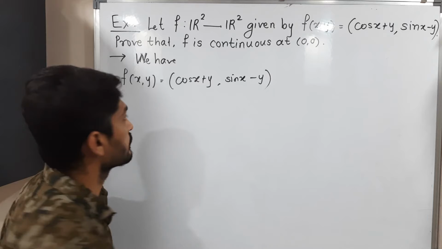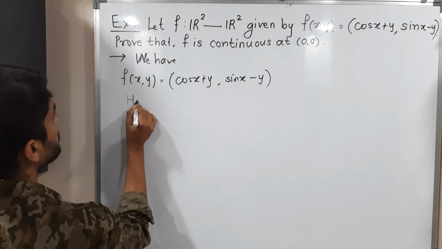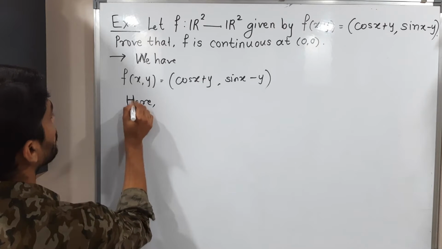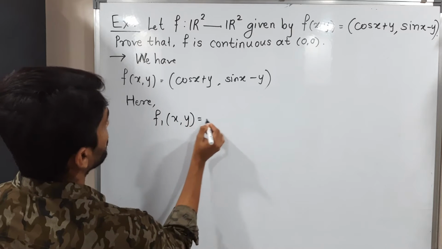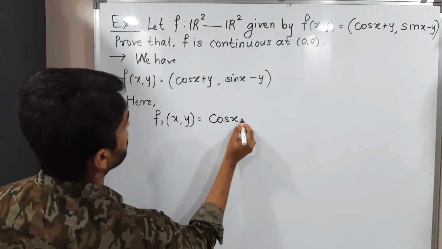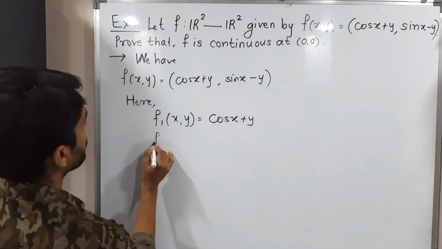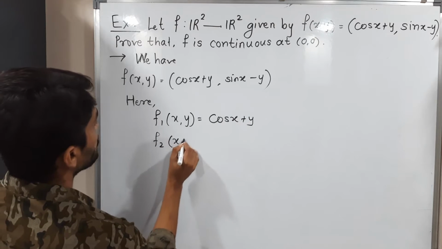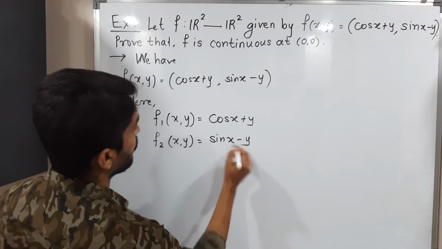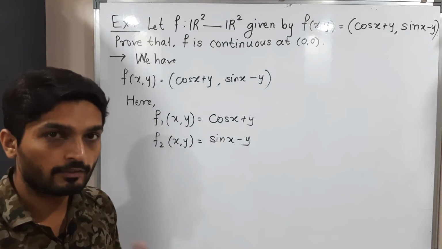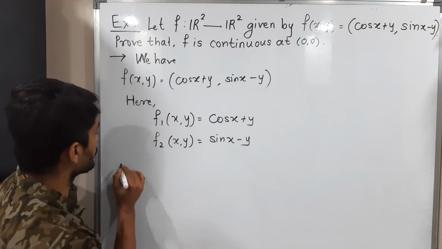It has two component functions. The first component function is F1(x, y) = cos(x + y), and the second component function is F2(x, y) = sin(x - y). First of all, we will prove that F1 is continuous at (0, 0).